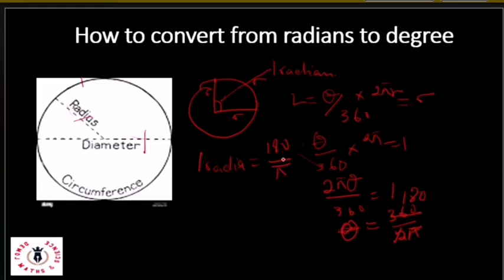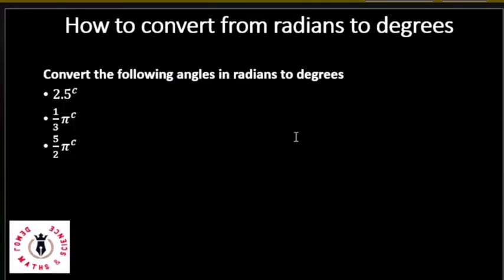Now let's see how we can use this to convert from radians to degrees. We'll take 3 examples. The first example is to convert the following angles in radians to degrees. I have 2.5 radians and I want to convert it to degrees. Remember we said 1 radian is equal to 180 over pi.